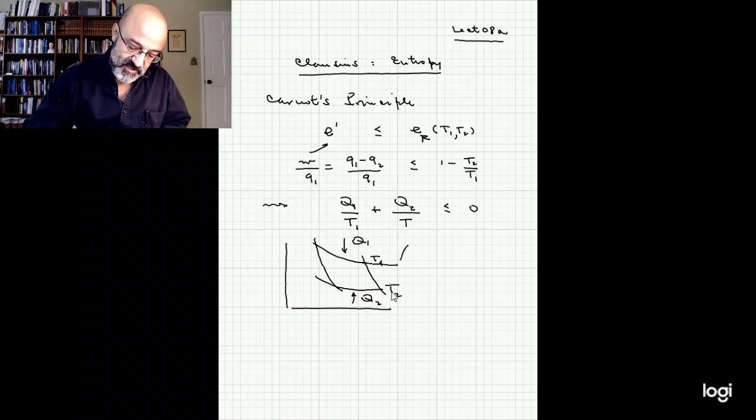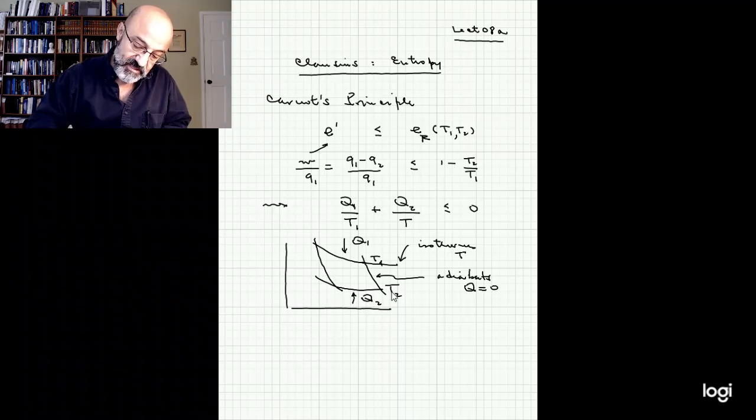So these curves here are isotherms, and those curves there are the adiabats, no heat. Adiabats: here we have Q equals 0, and isotherms means T equals constant.